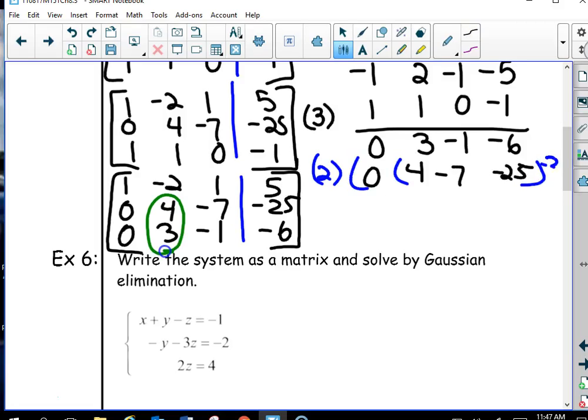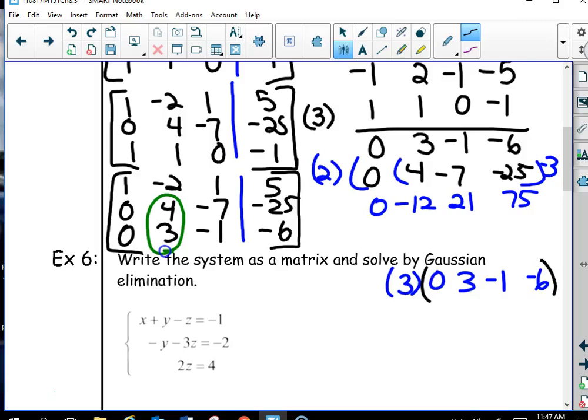Oops. 0, negative 12, and 21, and 75. And if I multiply row 3 by a 4, I'm going to cancel out my y's with the negative 12. That's a 4, not a 9.